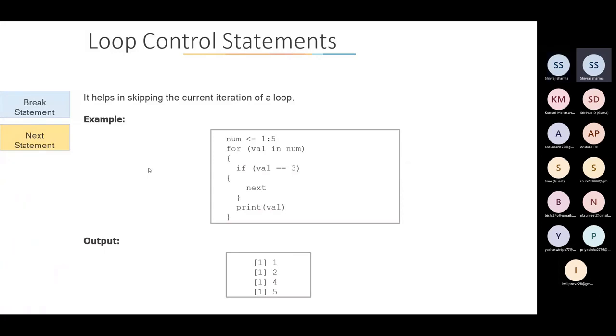Okay. So if you want to continue by skipping the condition or the value which is mentioned in the condition, then you have to use next. And if you want to stop the loop at the point where the condition is fulfilled, you will use break. Understood the difference between break and next statement?